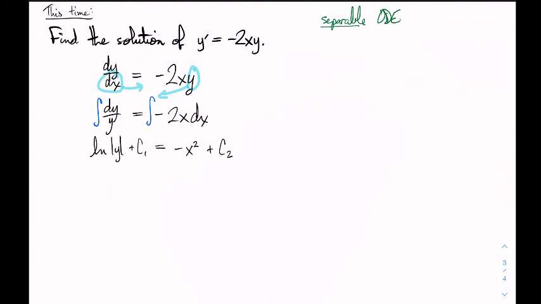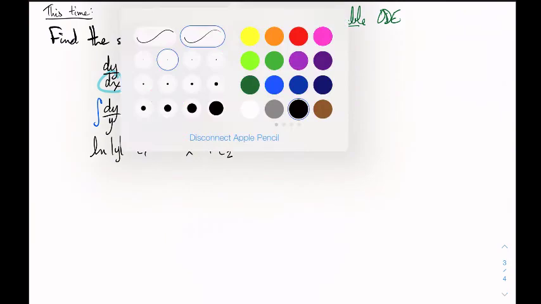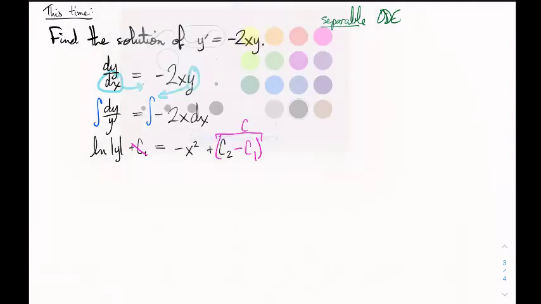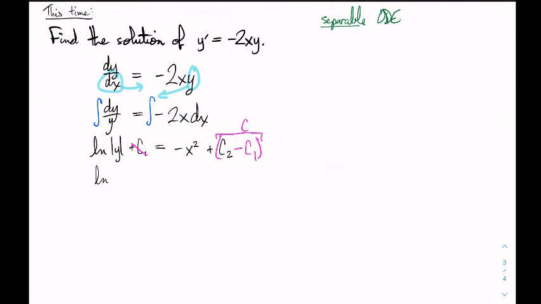Well, I don't actually need to have two arbitrary constants here. I can subtract the C1 over to the other side, and then I can call this entire thing right here my new constant, C. So I can actually just rewrite this as log absolute value of y equals minus x squared plus some constant C.